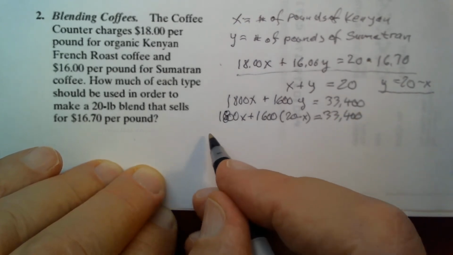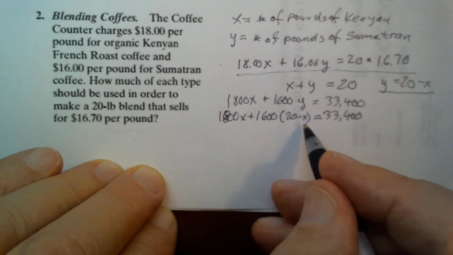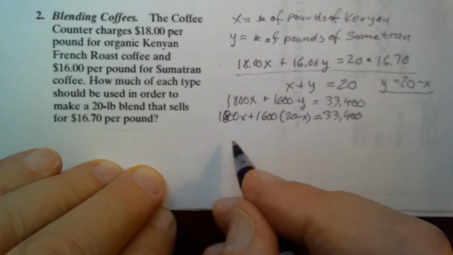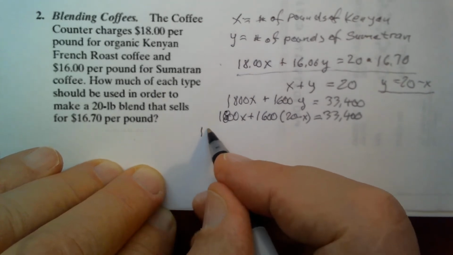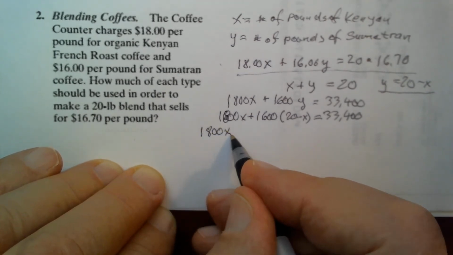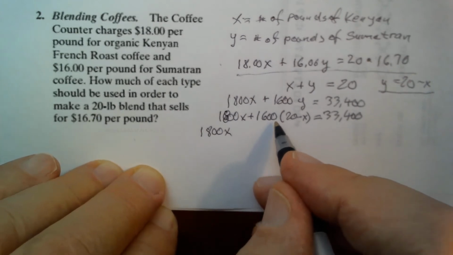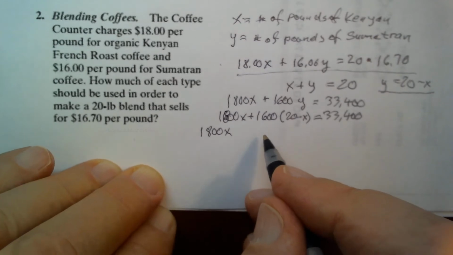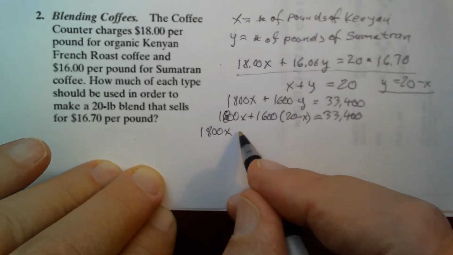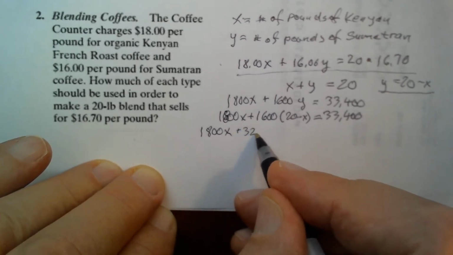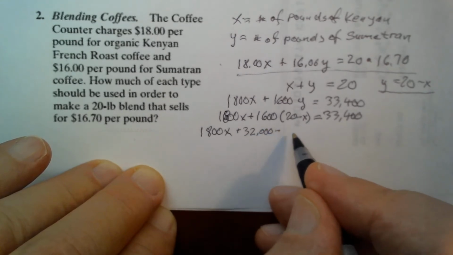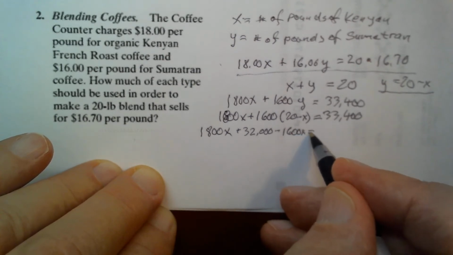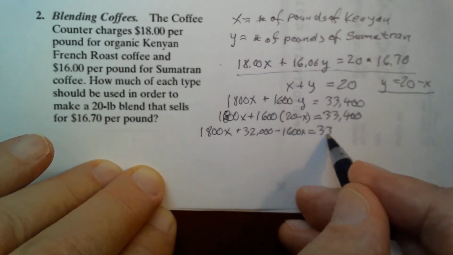So now we use the distributive property to eliminate the parentheses here. So we have 1,800x plus 32,000 minus 1,600x equals 33,400.